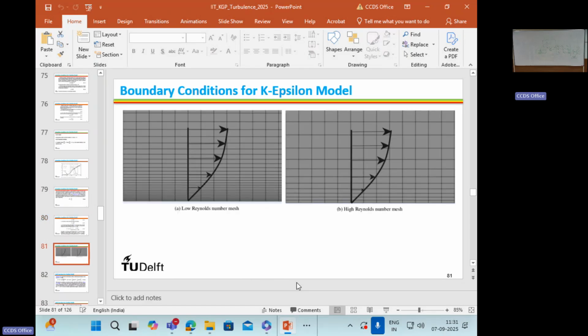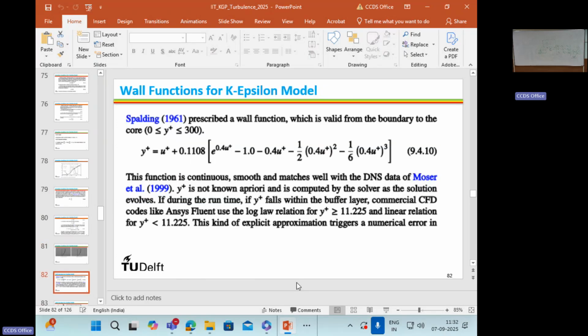Then subsequently, okay, we have discussed these things yesterday. Again, we will come back to this picture. Subsequently, Spalding, right? He prescribed a mathematical function that uniformly fits the curve from the low Reynolds number region to the high Reynolds number region, right?